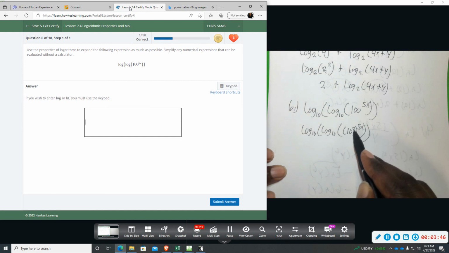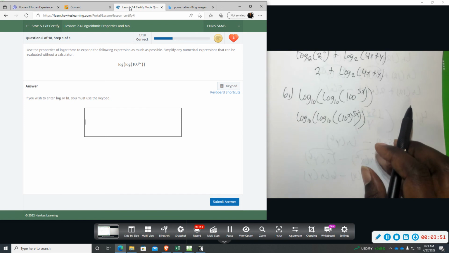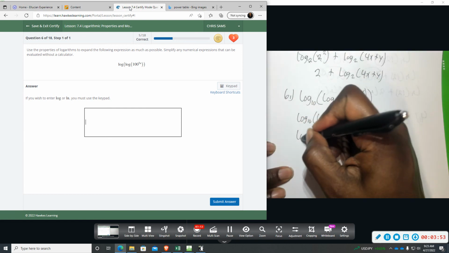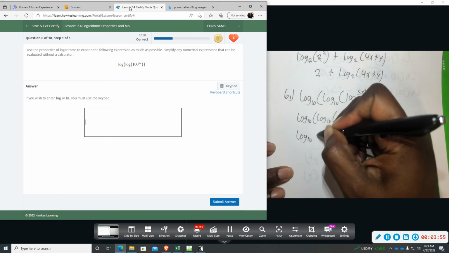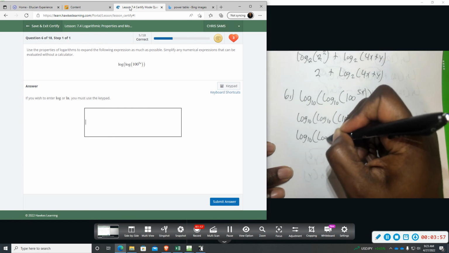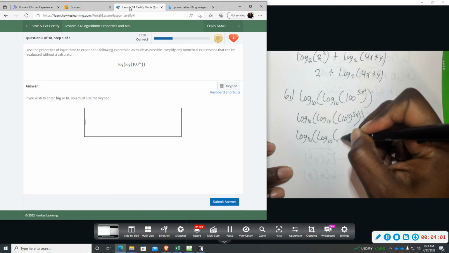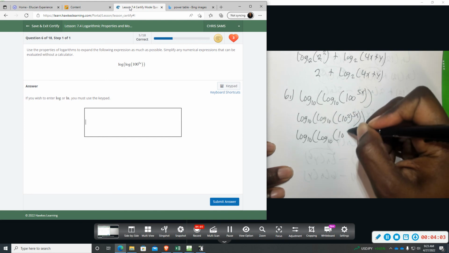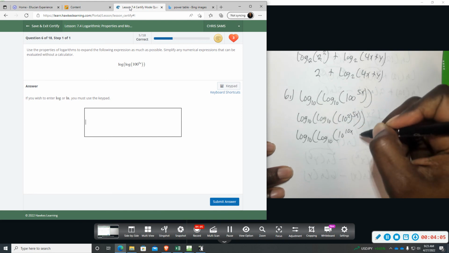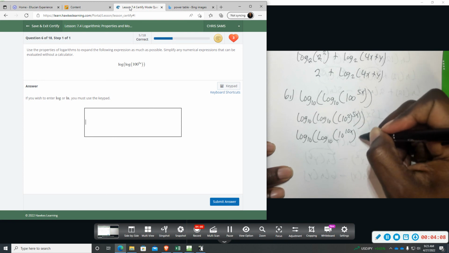Property of exponent says if you have a base, you multiply the exponents. So still have log 10, still got log 10, and then here this is going to be 10. 2 times 5 is going to be a 10x. Okay, and then close.